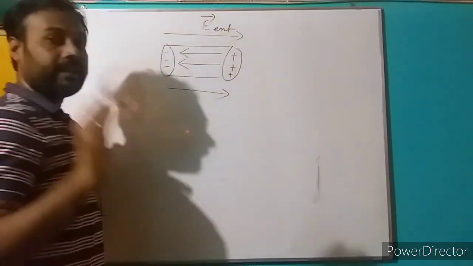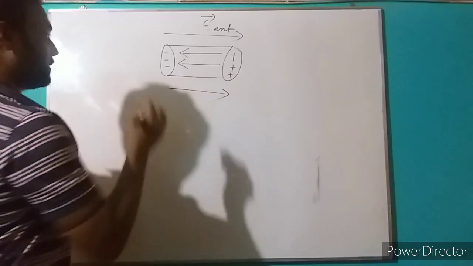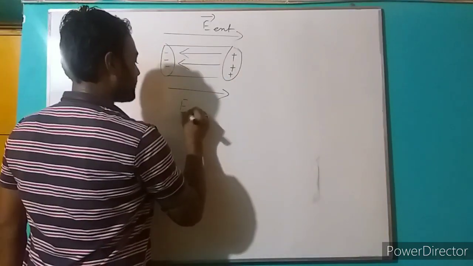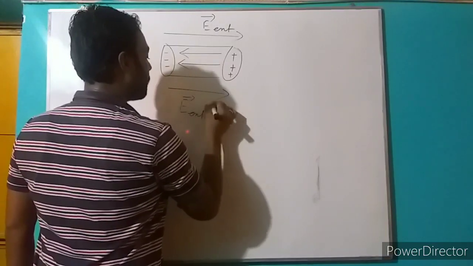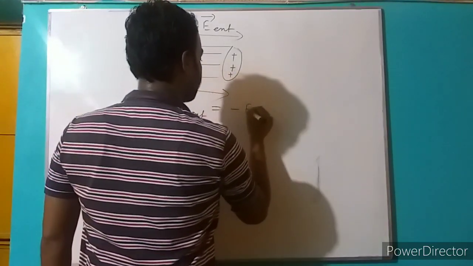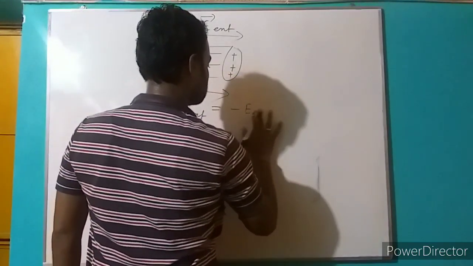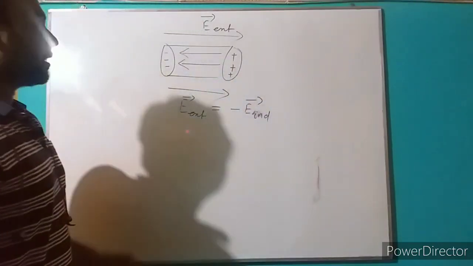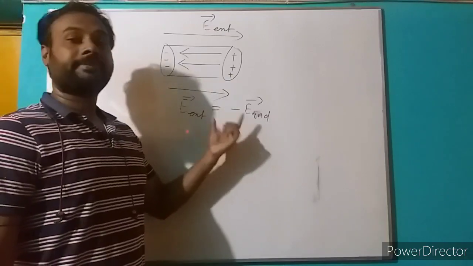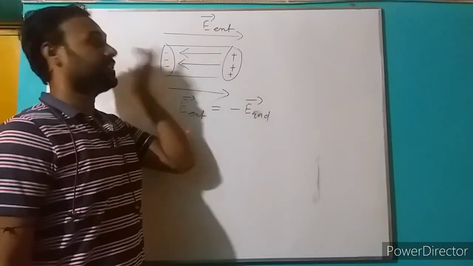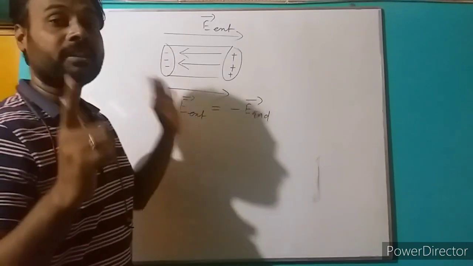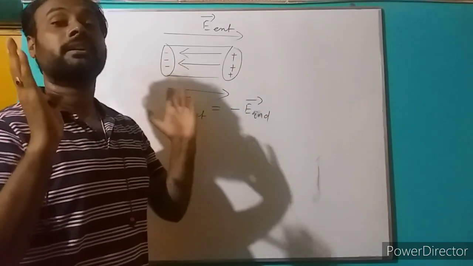We know electric field is a vector quantity. That's why the total electric field becomes zero. How? The external electric field is opposite to the induced electric field. Therefore, the net electric field becomes zero inside the conductor when the conductor behaves as an isolated conductor.